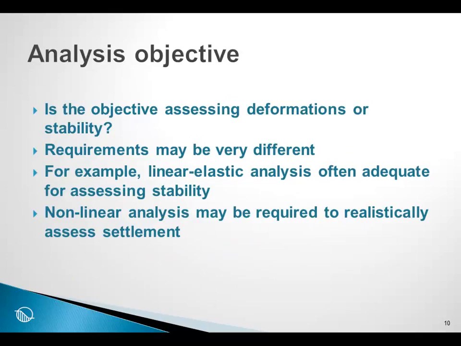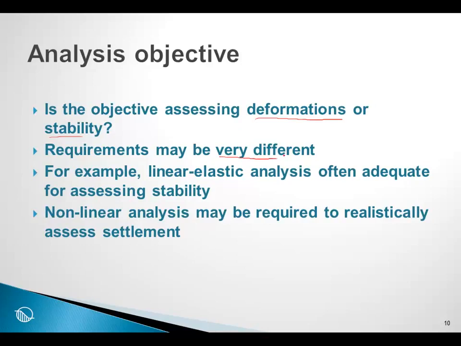When doing a sigma W analysis, it is important to have a clear mental picture of the objective of the analysis. Most importantly, it is important to decide whether the objective is assessing deformations or assessing stability. The reason this is important is that the requirements for doing the analysis may be very different.